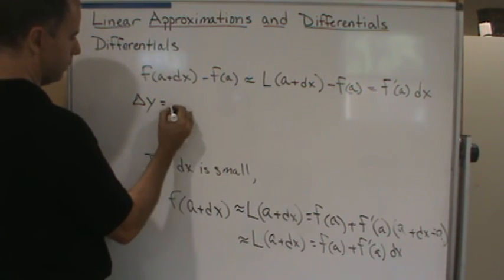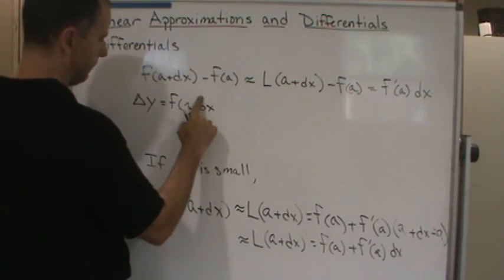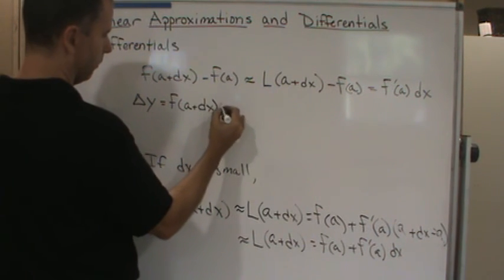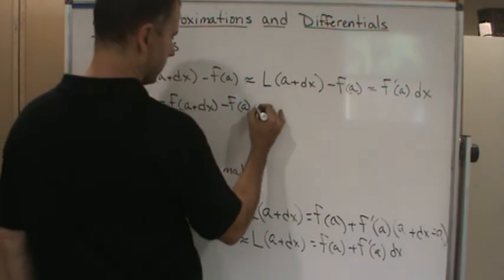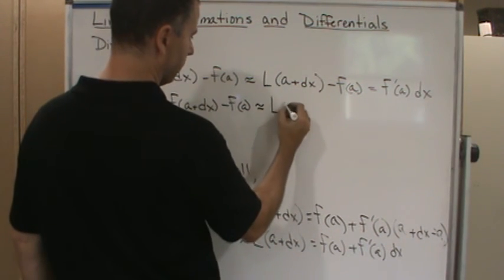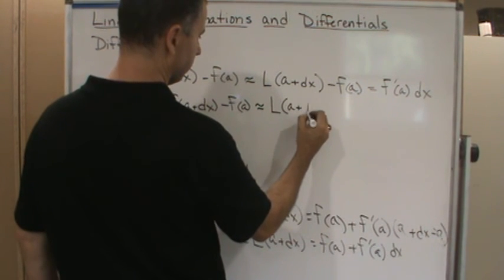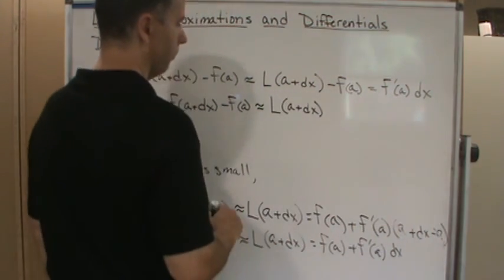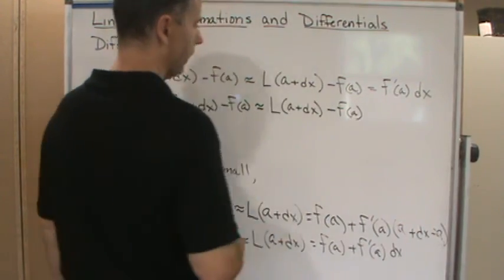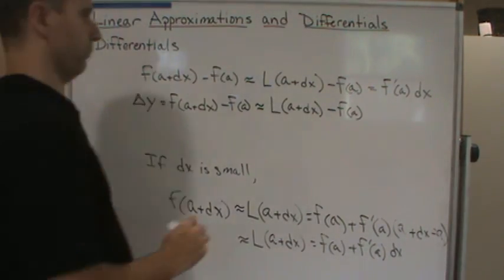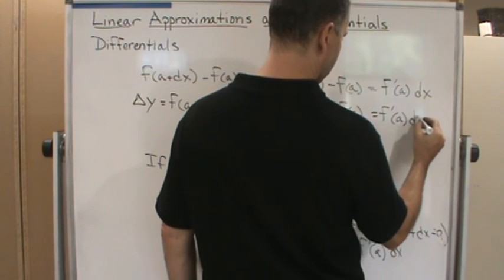So delta y is equal to f of a plus dx minus f of a, which we're saying is approximately equal to the difference between the linearization of the function and f of a, which is equal to f prime of a dx.